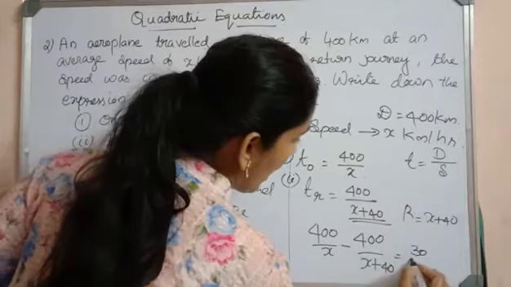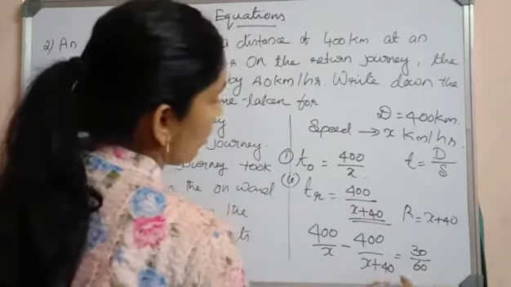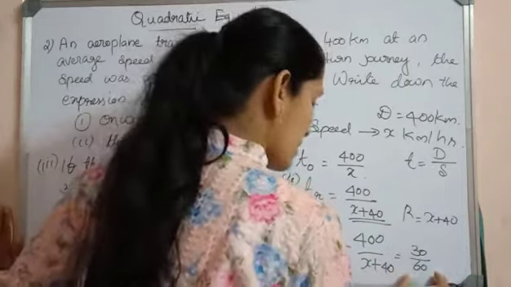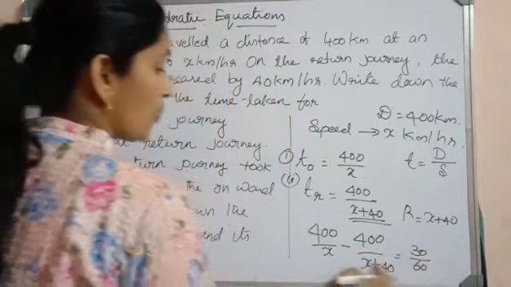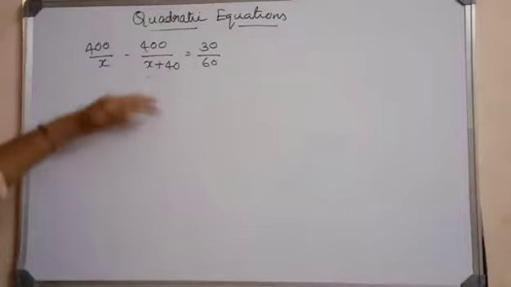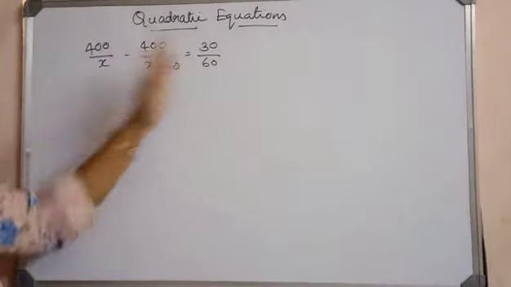Speed is in kilometer per hour, so we have to convert the time in hours. That is why it is 30 by 60. This was the expression we got by using the given data.